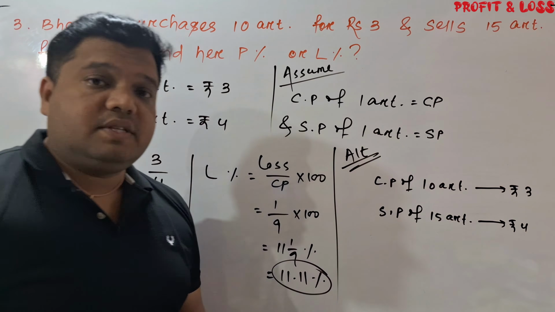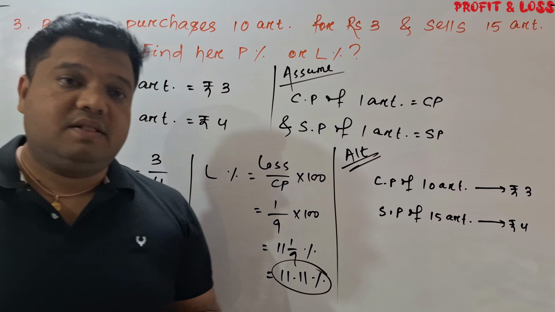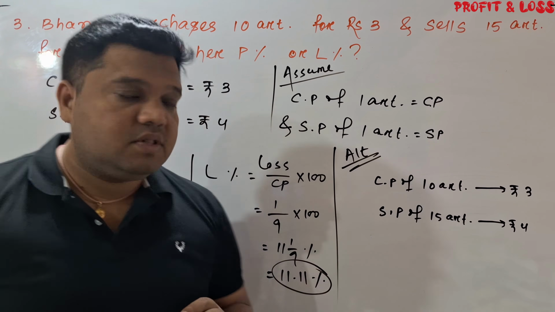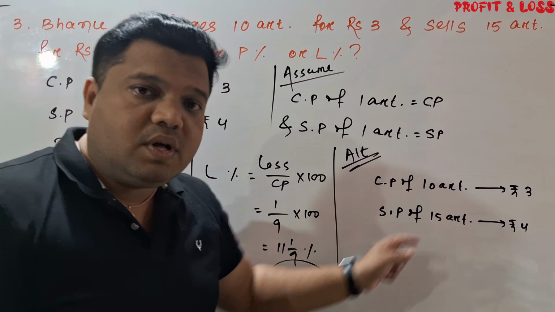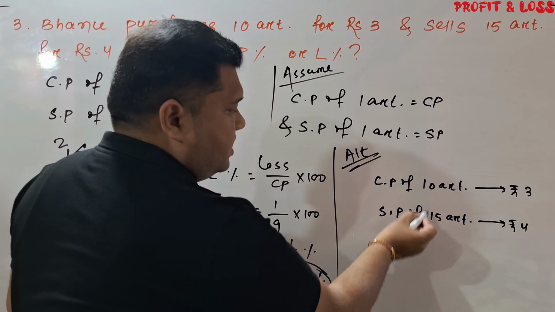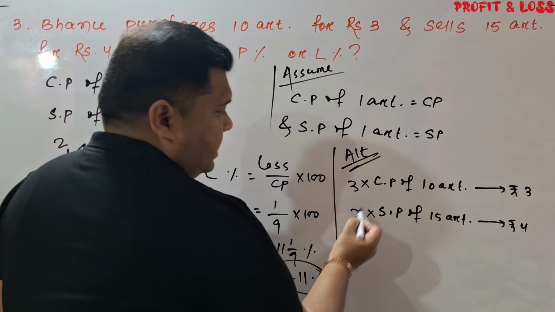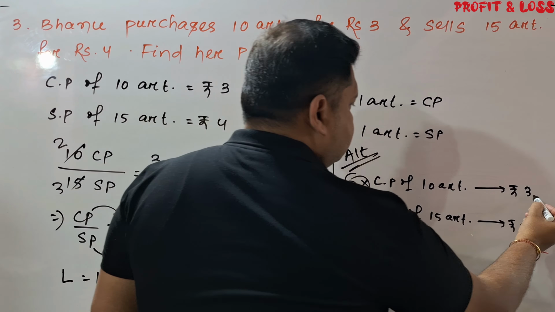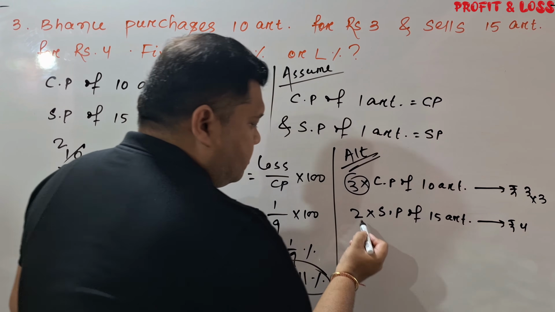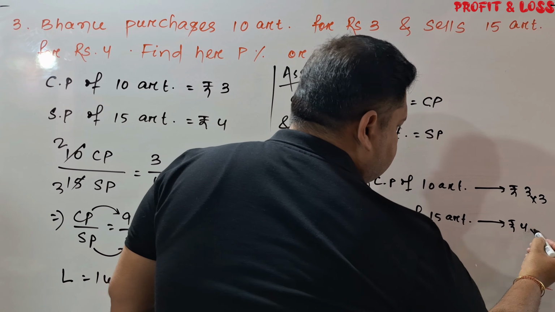Look here, Bhanu purchased 10 articles but sold 15. To make this quantity equal, the LCM is 30. So I multiply by 3 here and by 2 here. If I multiply by 3 here, I also multiply by 3 there; if I multiply by 2 here, I also multiply by 2 there.